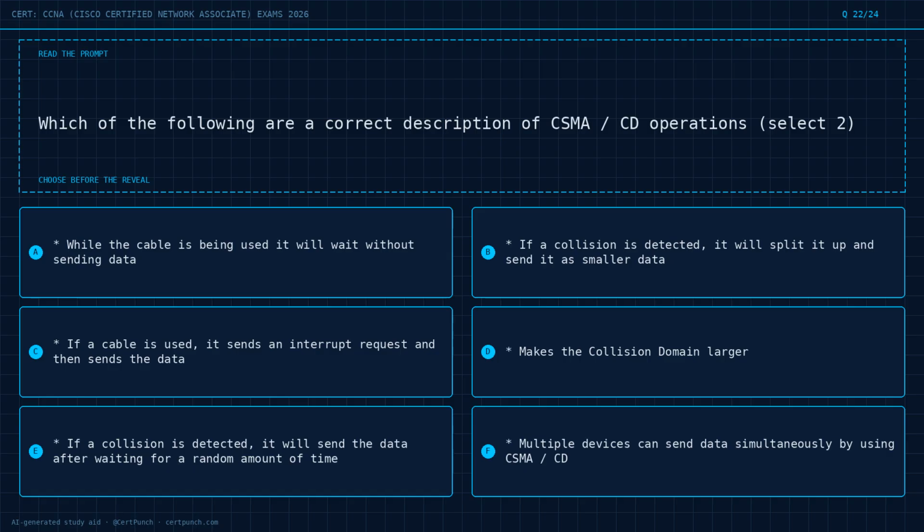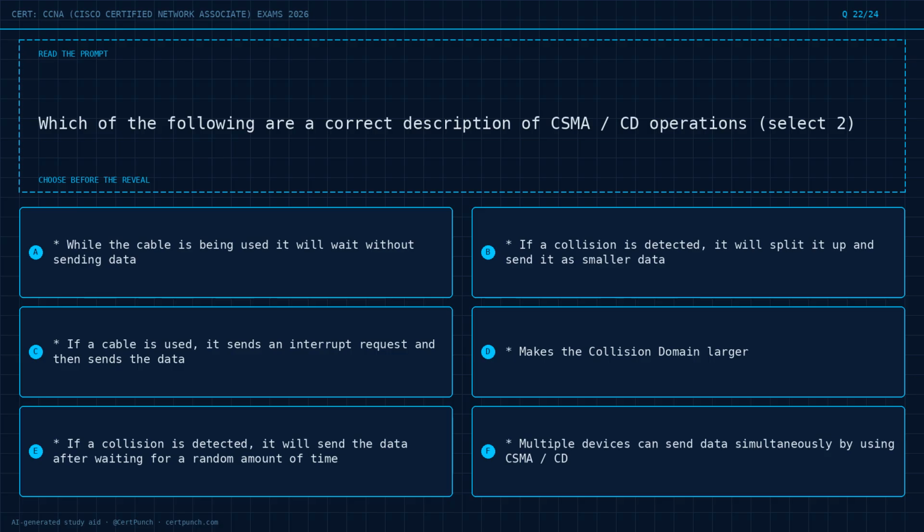Question 22 of 24. Which of the following are a correct description of CSMA/CD operations? Select 2. Option A, while the cable is being used, it will wait without sending data. Option B, if a collision is detected, it will split it up and send it as smaller data.